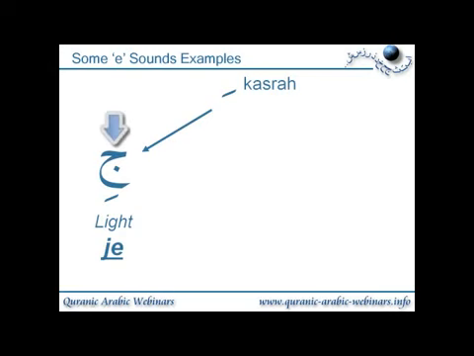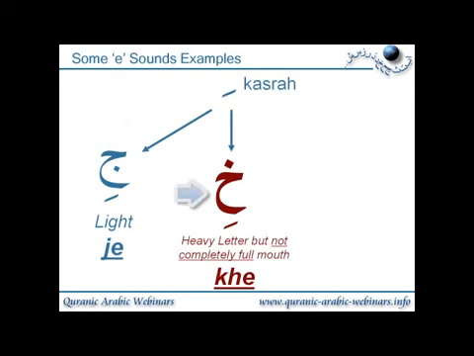With the letter Jim, we have the Kasrah underneath it, and Jim is one of the light letters, i.e. tarqiq, so it will give the sound of Ji, Ji. With the heavy letters, i.e. the tafkhim letters, the sound of the E and the way you pronounce them, i.e. what you do with the motion of your mouth, can vary.